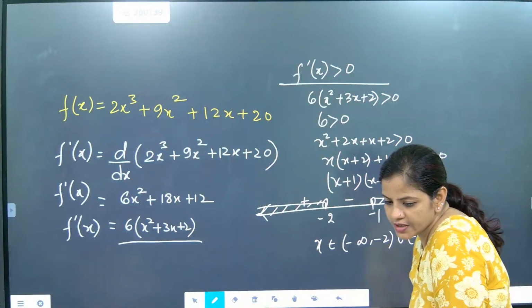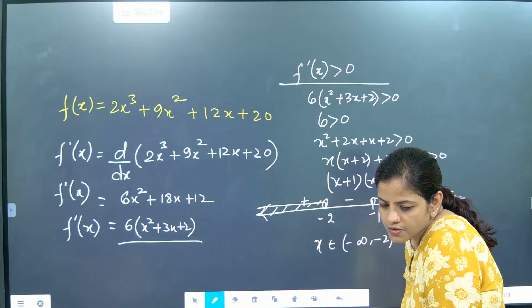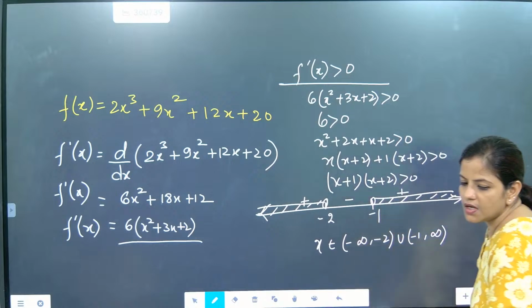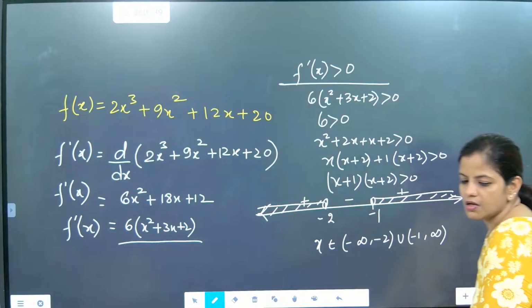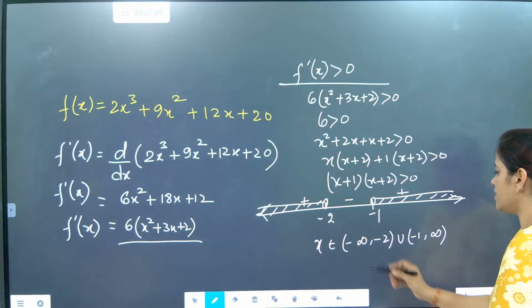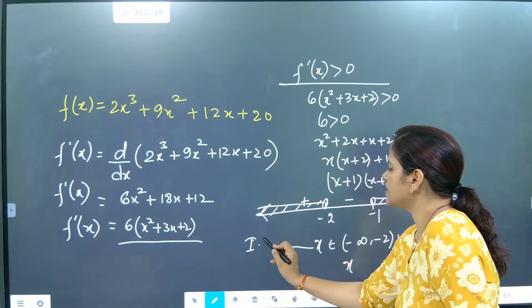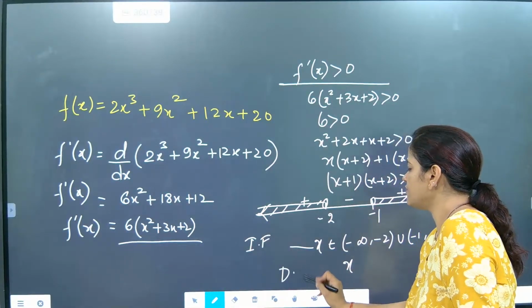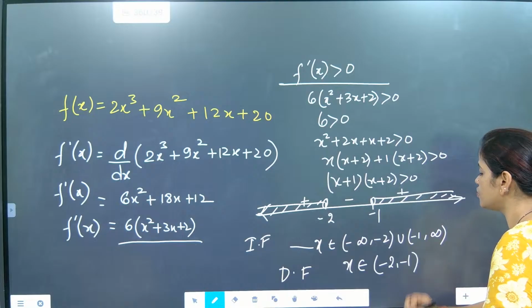And for decreasing, we are making increasing and decreasing functions, beta. This is for the increasing function, and for the decreasing function, the value of x will belong to the open interval minus 2 to minus 1.